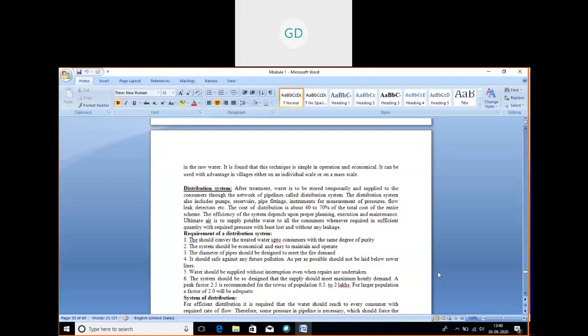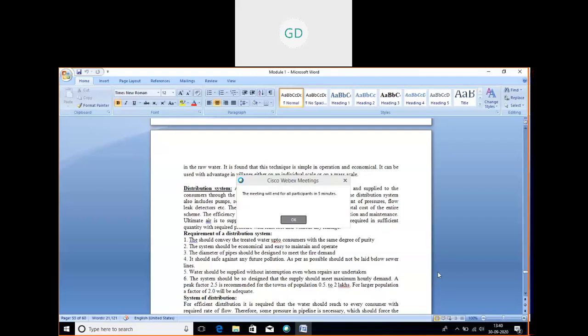Now there are certain requirements of a good distribution system. Number one, it should be capable of supplying water at all intended places within the city. Also it should be capable of supplying the proper amount of water for fire, if fire breaks out.